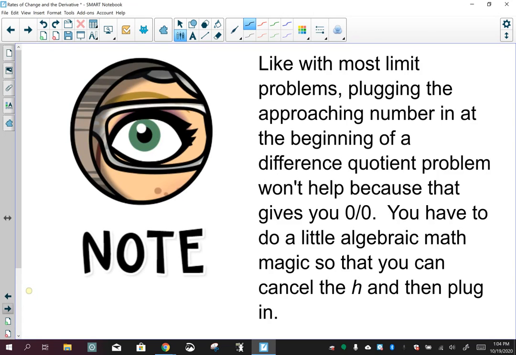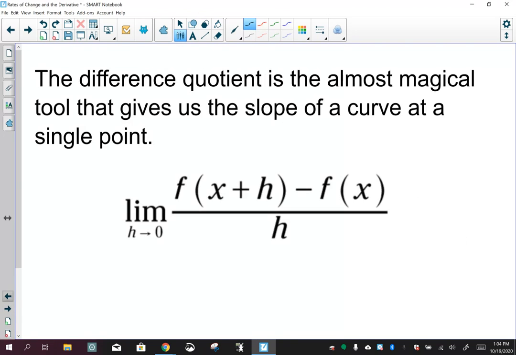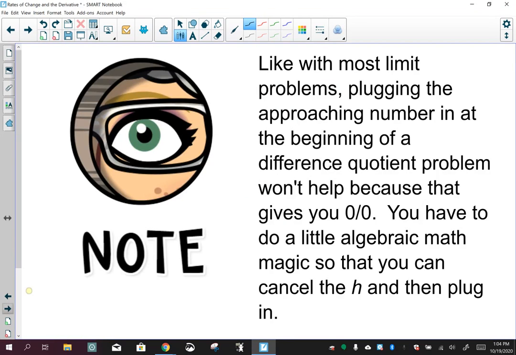There is a note. When we use a difference quotient, if you were to plug in 0 for h in all these specific parts, you would wind up with 0 over 0, and we can't have that.